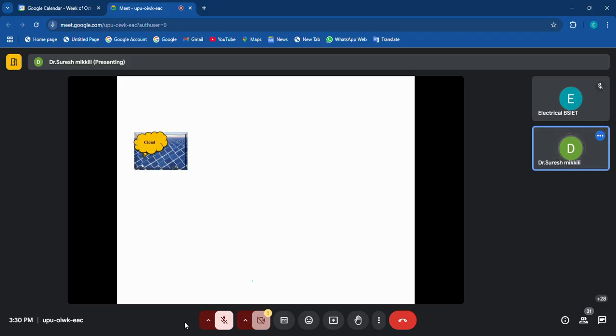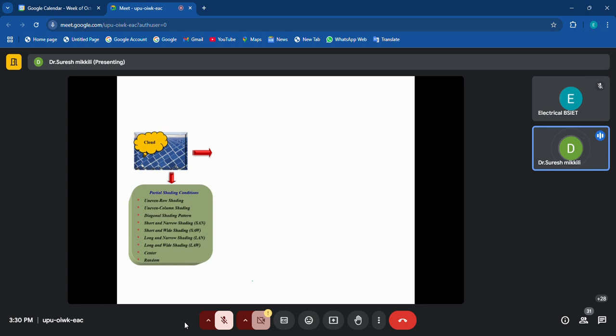Now what happens is shading occurs on the modules, which can be due to a cloud or some other parameters. Different types of shading can happen, which I'm going to explain to you. Uneven row shading can happen.